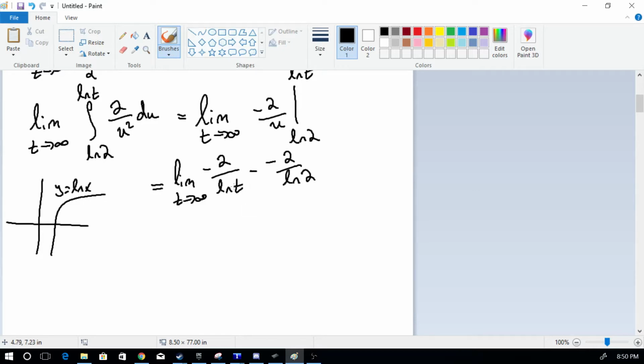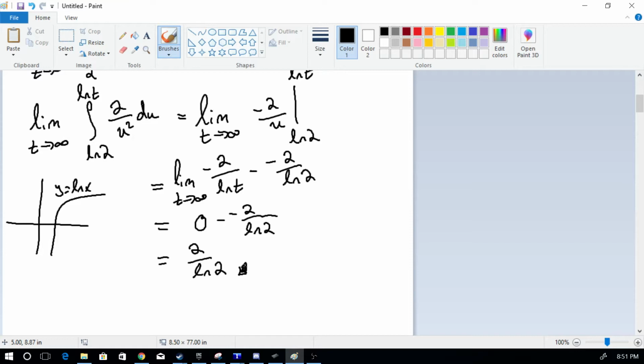So this denominator here goes out to infinity. Dividing by infinity, the whole term becomes 0. So now this becomes 0 minus negative 2 over ln 2, which equals 2 over ln 2.